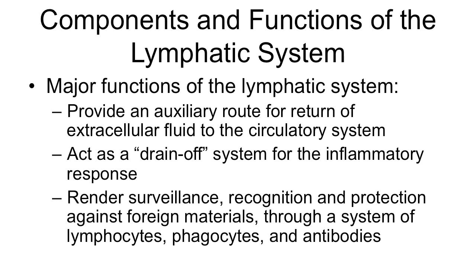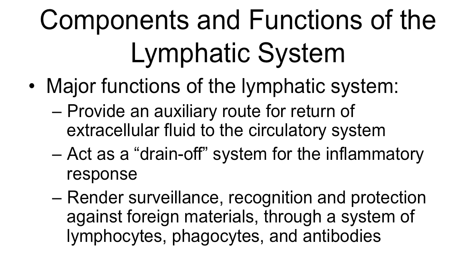So something happening in an inflammatory tissue will then get dispersed systemically. So there is a surveillance system, so they can render surveillance and recognition and protection against foreign materials that are invading through any of the mucosa of the respiratory system, including the lung, the gut system, the skin system, and the urogenital tract.